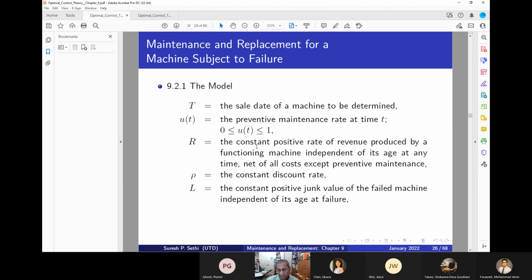R is the constant positive rate of revenue produced by the functioning machine, independent of its age. That is not exactly a very realistic assumption, because a machine may decline over time before it fails.